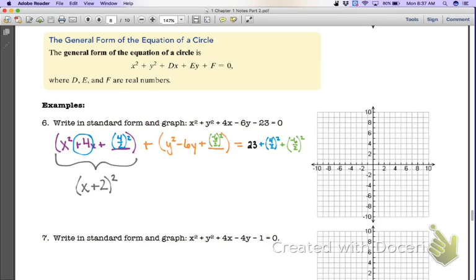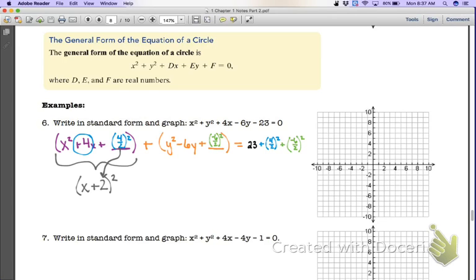Now, where did the 2 come from? All it did was take this number right there. I don't really worry about the squared part of it because what we did is make it a perfect square. So where that 2 came from, if it's positive 4 divided by 2, that's a positive 2, so that's why it's just going to be an x plus 2.